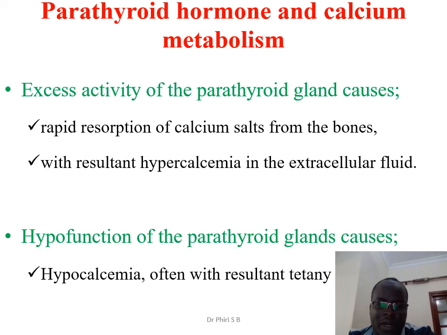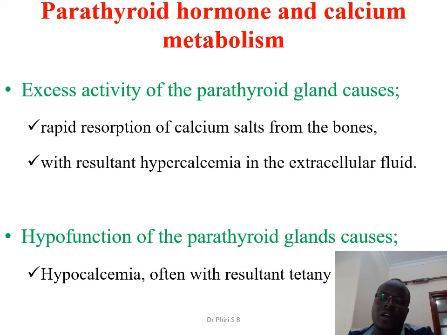of parathyroid hormone. The hypofunction of the parathyroid gland is the opposite now. The gland is not producing a lot of parathyroid hormone. That will bring about hypocalcemia because you're not absorbing much of the calcium from the GIT, you're not mobilizing more calcium from the bone, you are not reabsorbing much of the calcium from the kidneys.